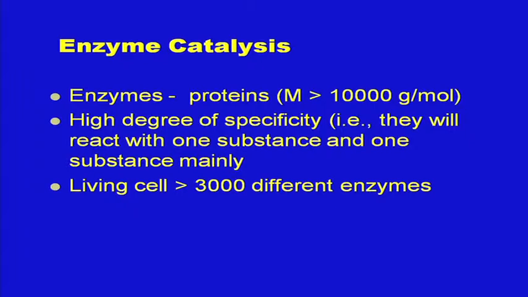Now, living cells are found to contain around 3000 different enzymes. So, just imagine a living cell, its dimension, and in that dimension there are about 3000 different enzymes. So, how complicated is the machinery, okay? And how complicated is the overall thing, that so many processes are going on within such a small region?